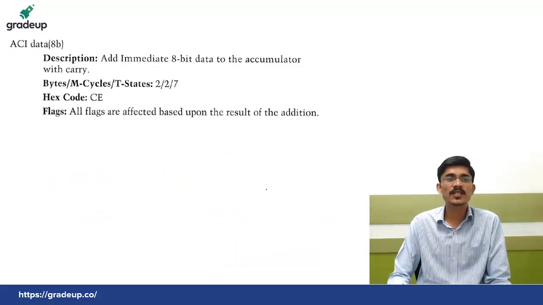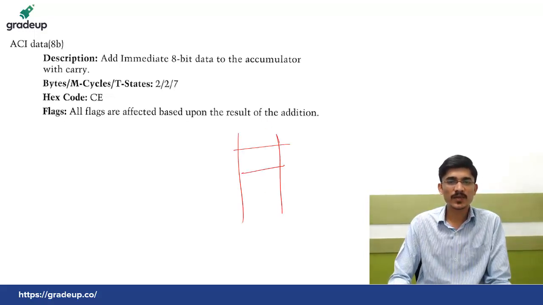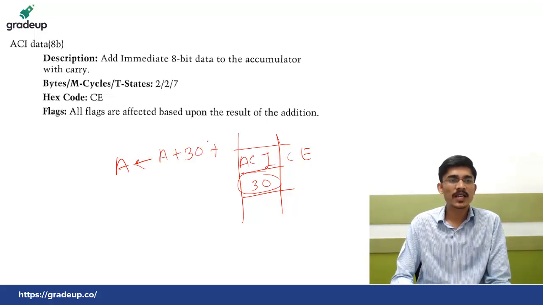Our next instruction is ACI 8-bit data. Suppose it is written ACI, the hex code for this is CE, and it is given the 8-bit data 30. What it will do is add the immediate 8-bit data to the accumulator. So it will add 30 to the accumulator. The contents of the accumulator will be accumulator plus 30 plus carry, as you can see the carry is here.